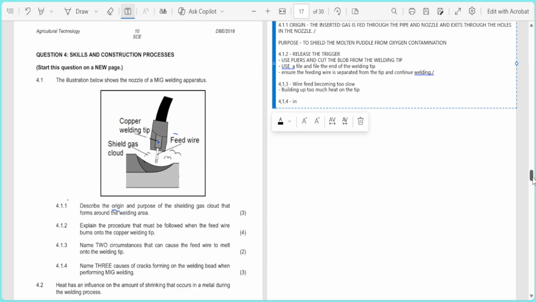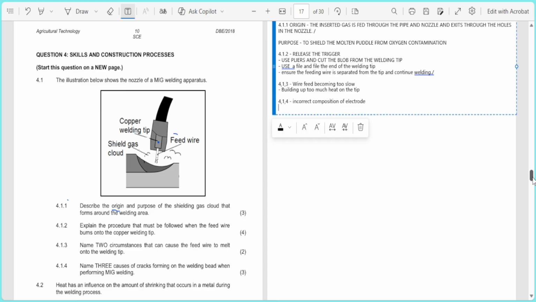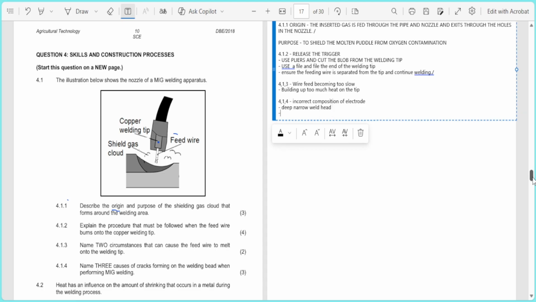I think I did mention, but something comes to mind like incorrect composition of electrode, and to some extent maybe a deep narrow weld head, or something like providing a current that is too high.